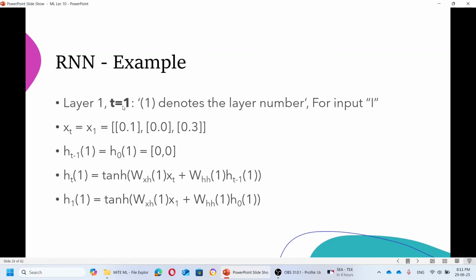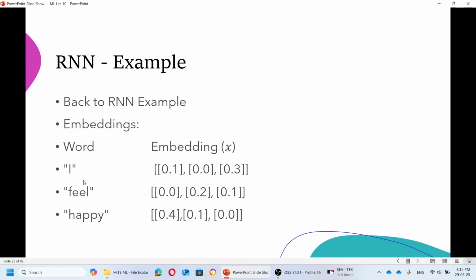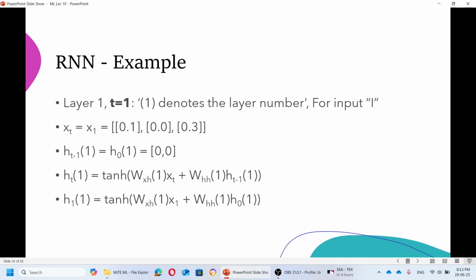At t is equal to 1, if I am starting the time step with 1, xt is equal to x1, which is 0.1, 0.0 and 0.3. This is what we have assumed in the beginning, that this is the embedding of I. Of course, when we input this value the first time at t is equal to 1, there will be no t minus 1, so we have assumed h t minus 1 is equal to 0, 0.